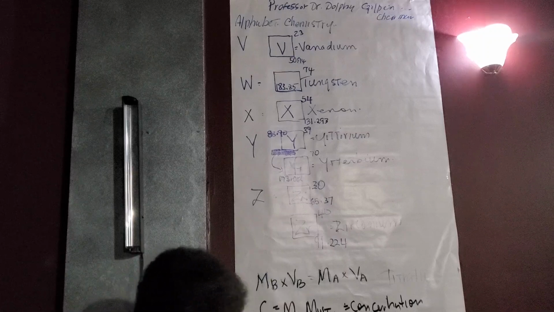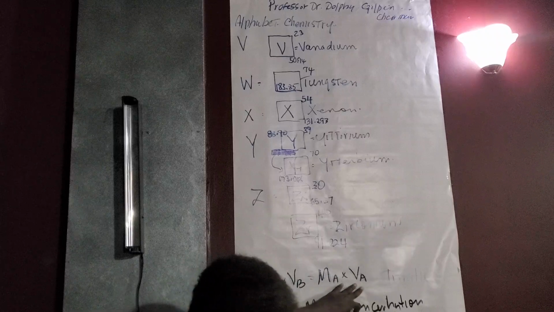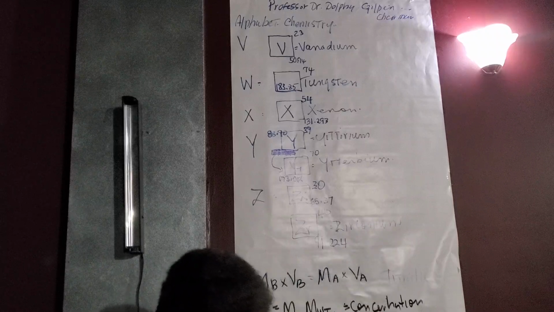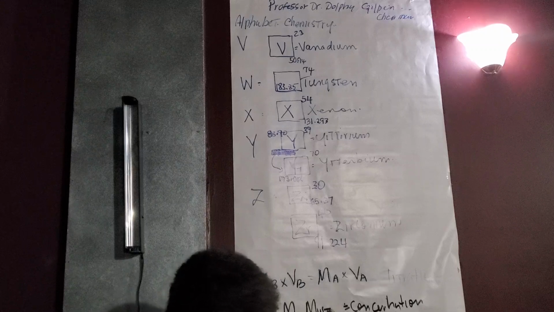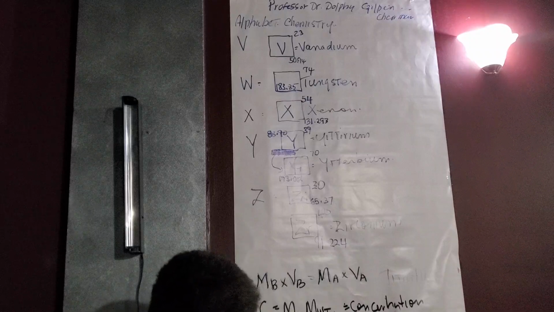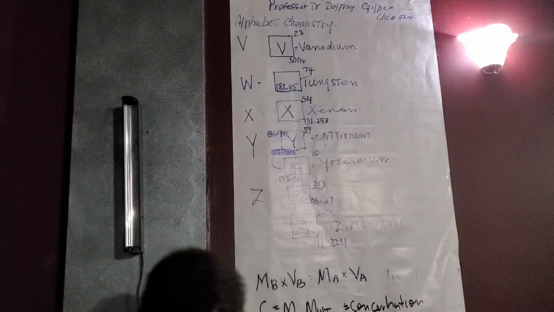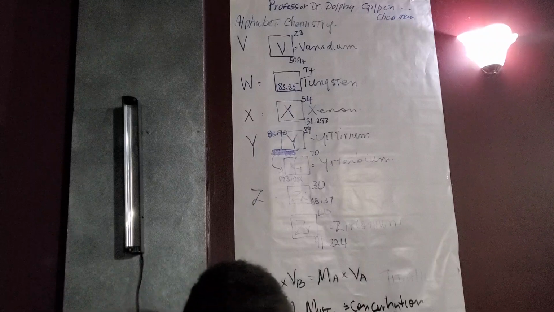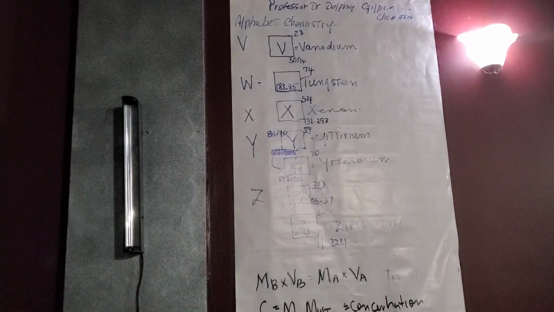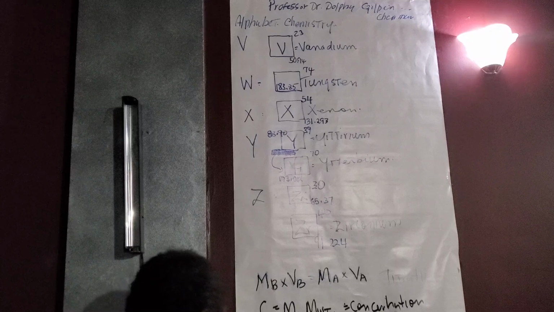So that goes with this now, molarity of base times volume of base equal molarity of acid times volume of acid. And this is where concentration equals molarity times molecular weight, and the density is equal to mass over volume, and the amount of molecules in any substance is the Avogadro's number, at standard temperature and pressure, STP, 6.02 multiplied by 10 to the 23 molecules.